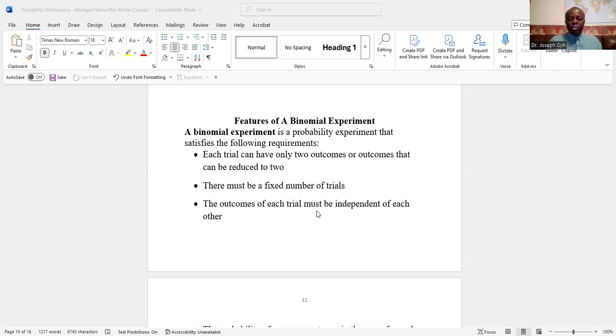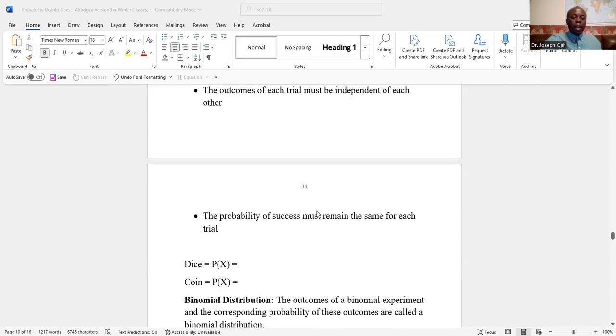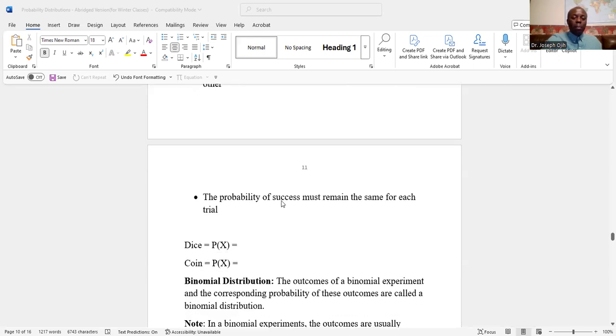I have already given you examples. So you must have two outcomes, or outcomes that can be reduced to two. Secondly, there must be a fixed number of trials. Also, the outcome of each trial must be independent of each other, and the probability of success must remain the same for each trial.